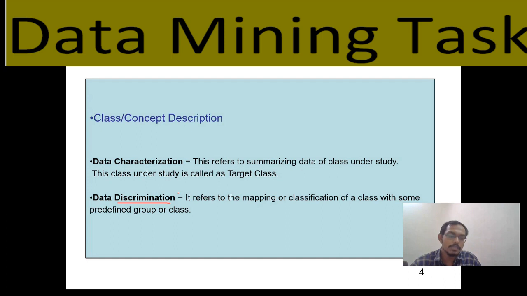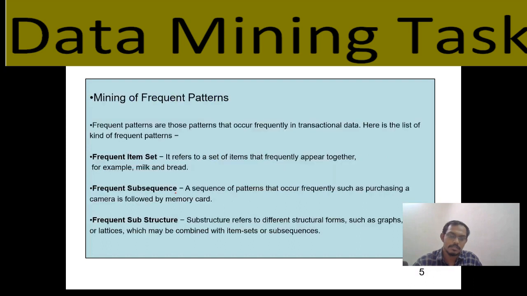If you analyze between two different classes or two different clusters, there is discrimination between these two cluster nodes, and also sometimes some data are not relevant for any kind of clustering technique. This data is called data discrimination.